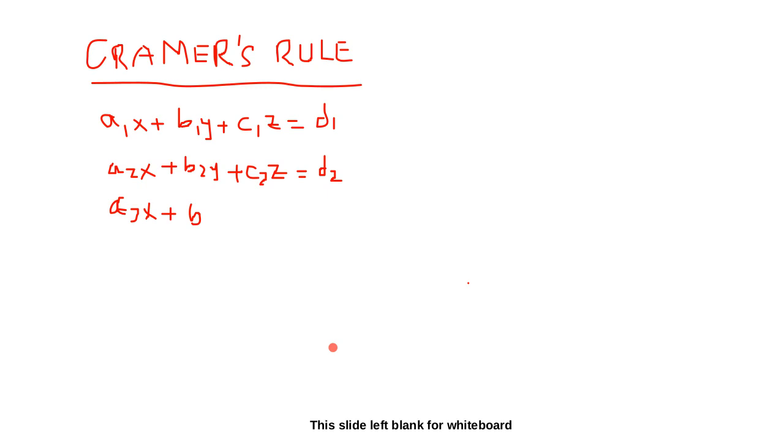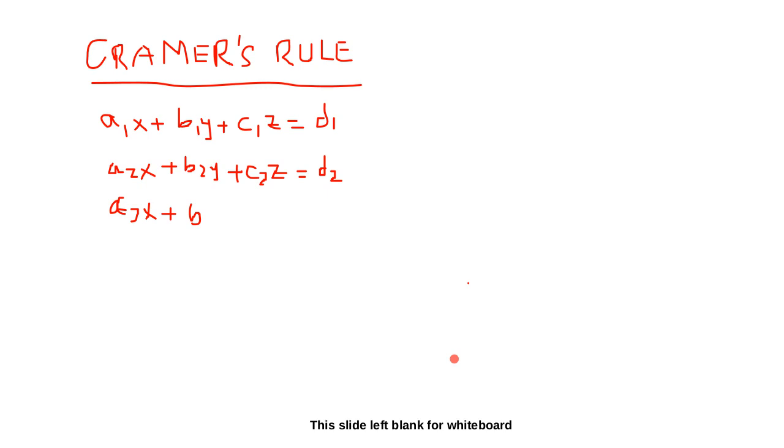Then this other one is known as the Z column. The last column, D1, D2, D3, is known as the constant column.